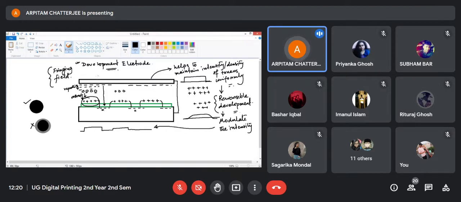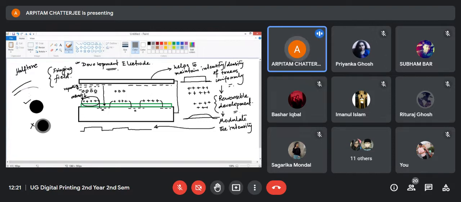Actually, this development electrode is a mandatory thing if you are going to produce something of a half tone. That means not a continuous, not a line tone. That means the entire thing is not of the same intensity. There is variation of intensity. Somewhere it is dark, somewhere it is light. In those kinds of cases, we use a technique called half tone.